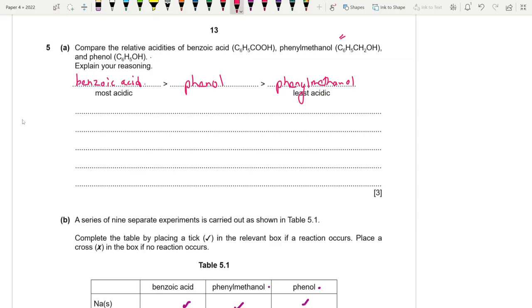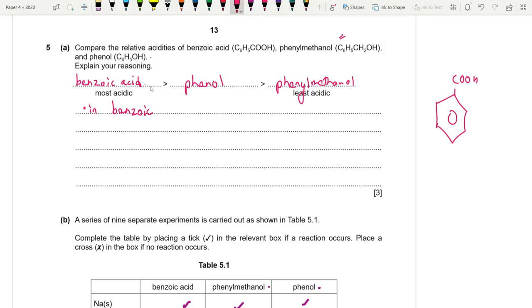So let's write this. I'm going to talk about benzoic acid first. So in benzoic acid, why is it so strong? This is benzoic acid. You know about it, right? In benzoic acid, we have the CO group, right? So the carbonyl actually weakens the OH bond, it helps in weakening the bond.